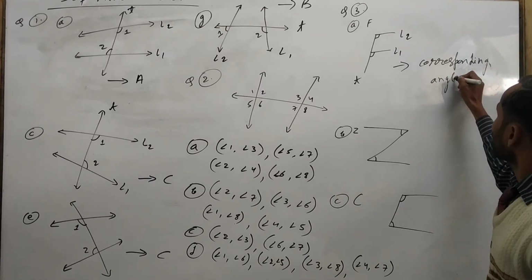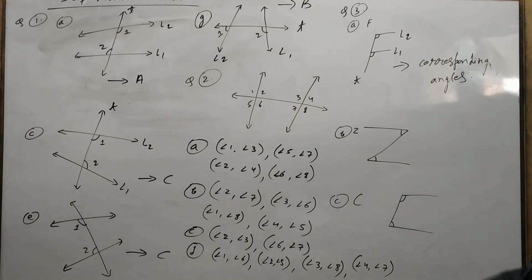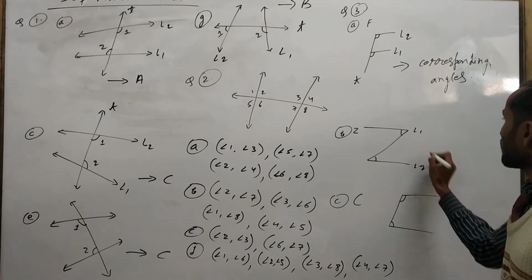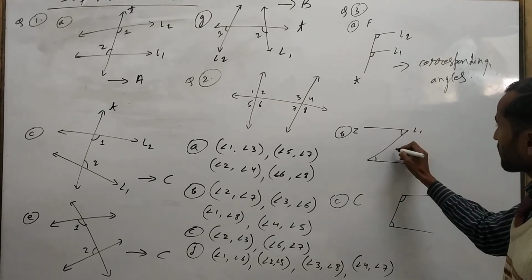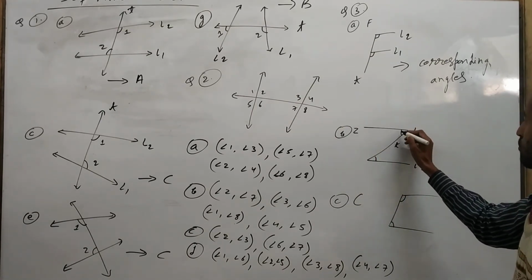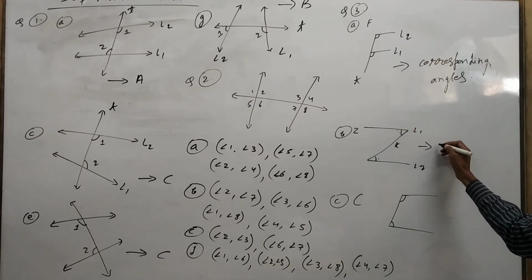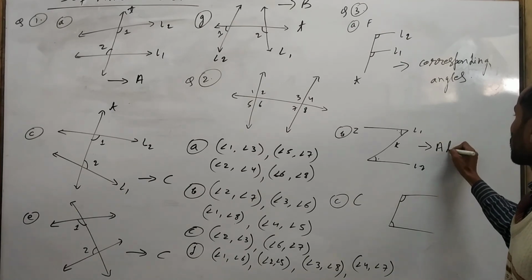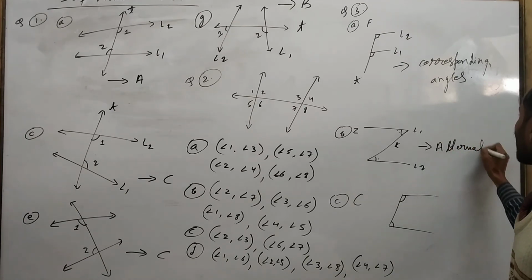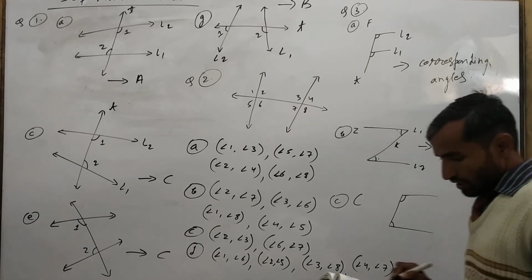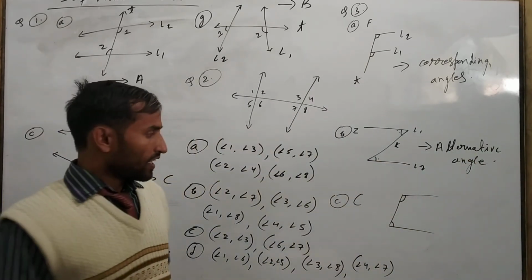In the B part, the letter Z is there. So this one is L1 and this one is L2 and this line is the transversal line T. So these angles will form alternative angles, or alternative interior angles. So write down here alternative angles. Okay. And letter C, it is written like this.